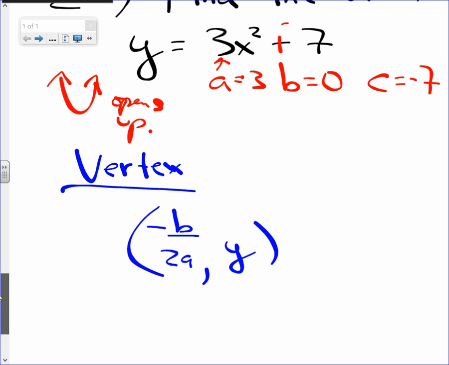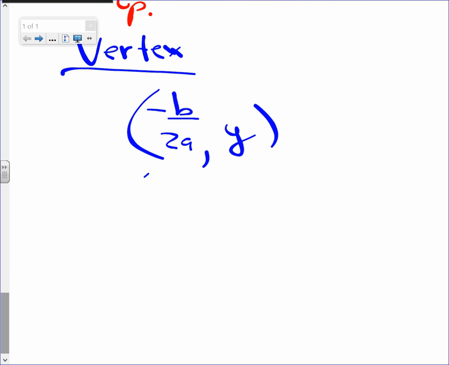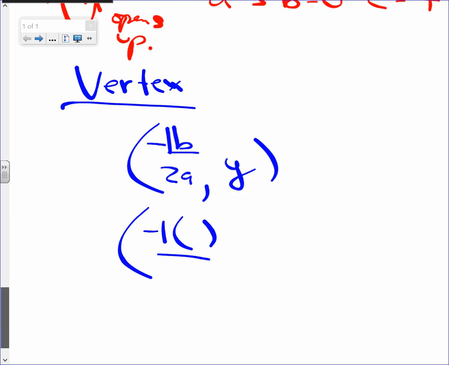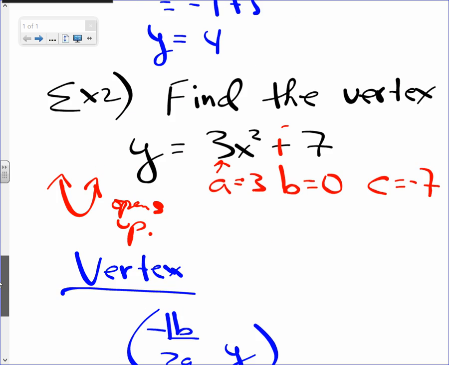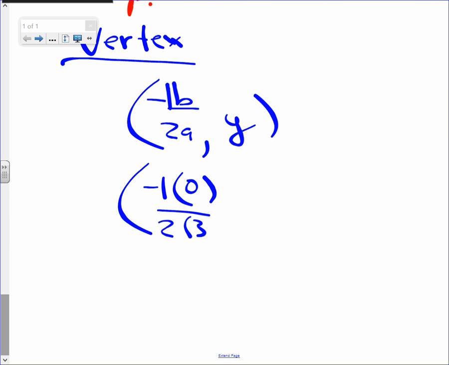Negative b really means negative 1 times b, right? So what is b here in our equation? b is 0. Negative 1 times 0 over 2 times a. a is 3, so 2 times 3.